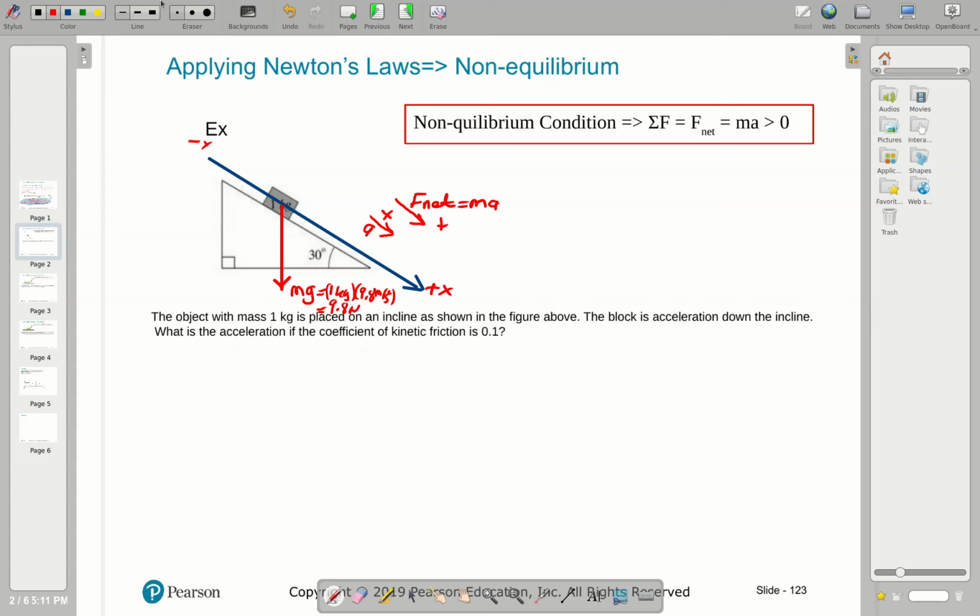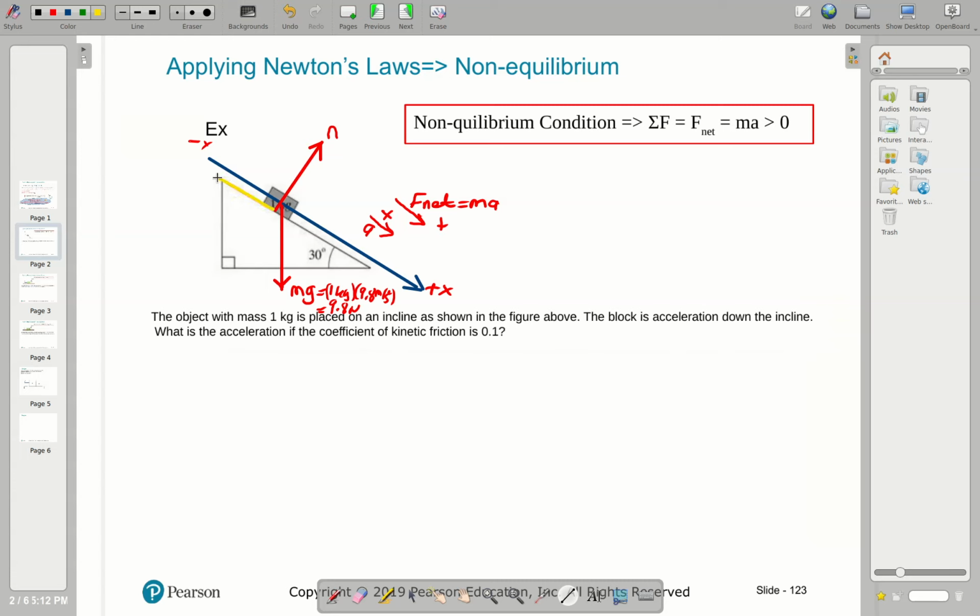And there is normal force, always perpendicular to the surface. It's here. And there is friction force. Let me show that in yellow. And always against the motion.